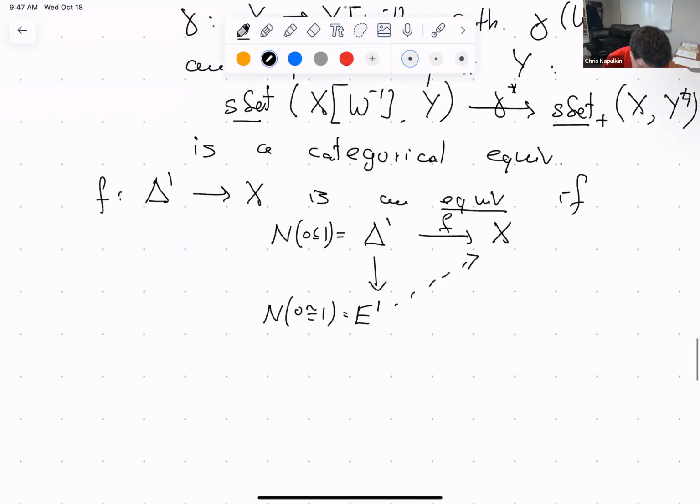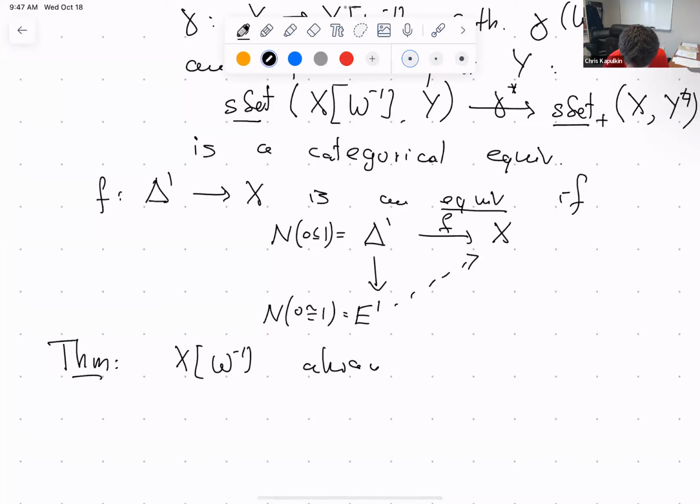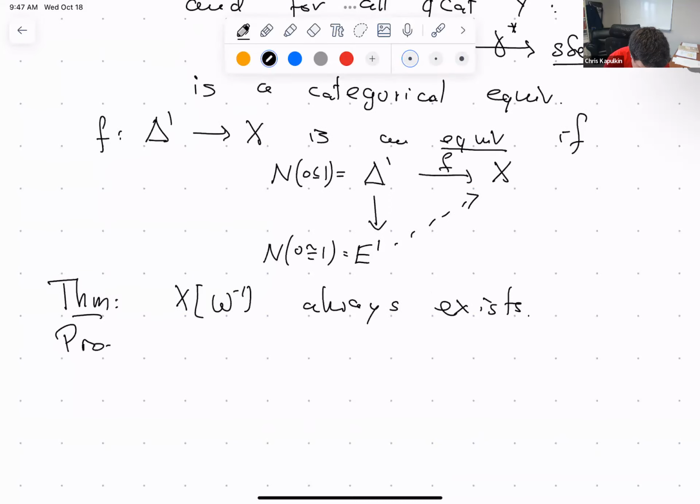Another theorem is then that the localization always exists. So X W inverse always exists. And what is the proof of this fact? Well, it's the same proof as before, just now in simplicial sets.